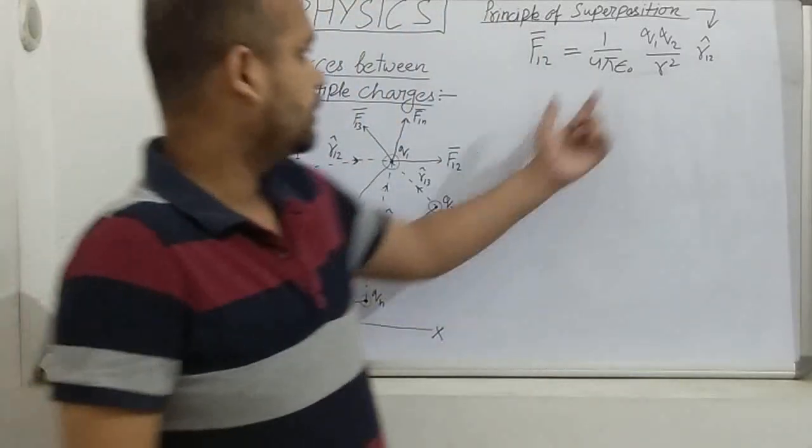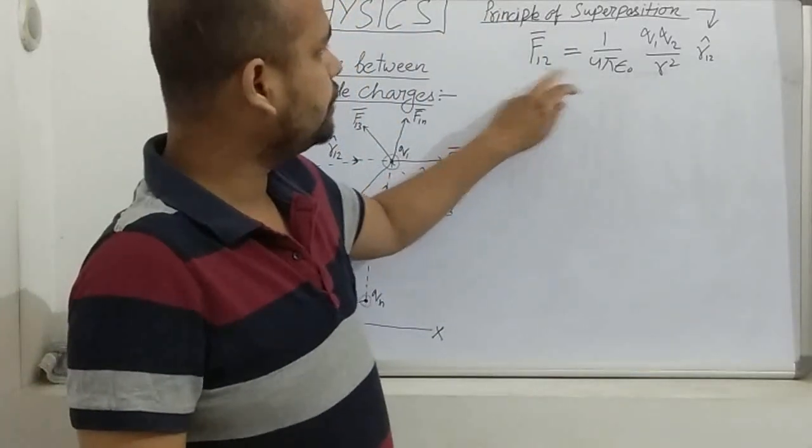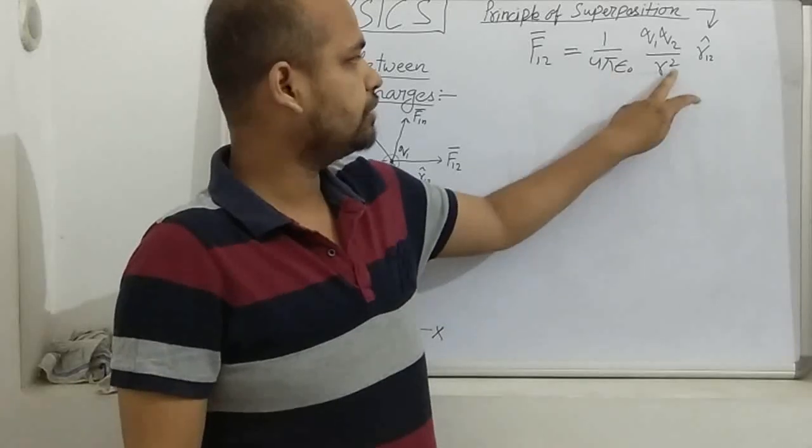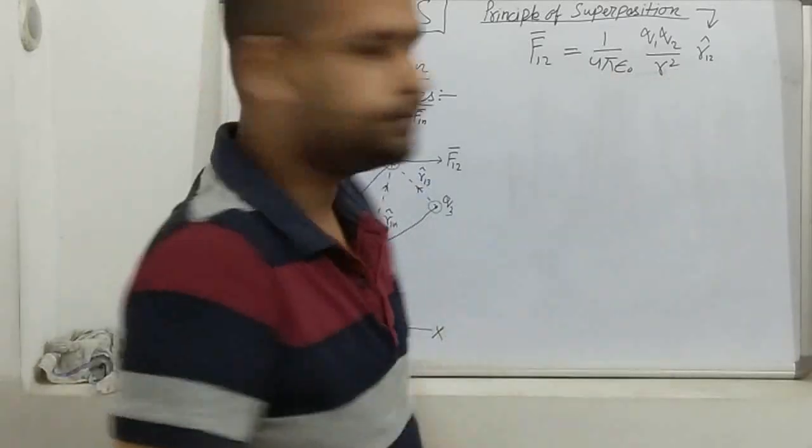Here I have represented F12 in unit vector form. That's why here it will be R square.